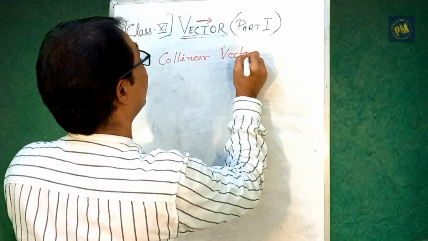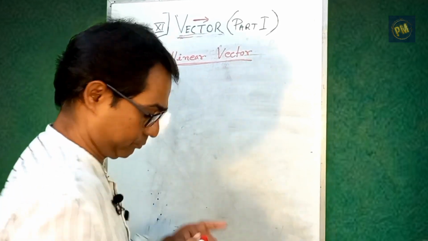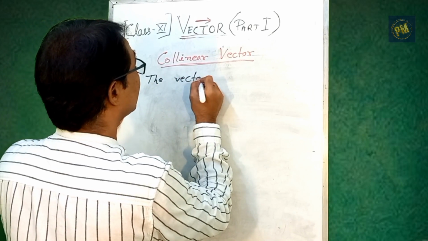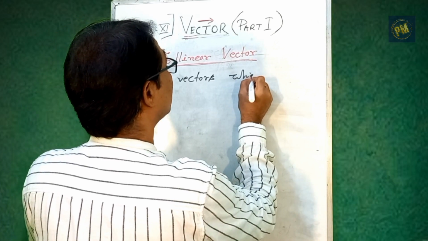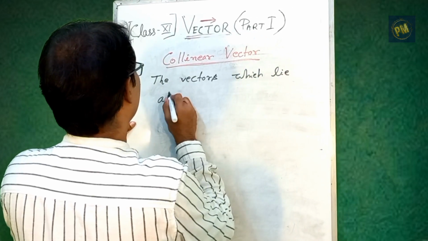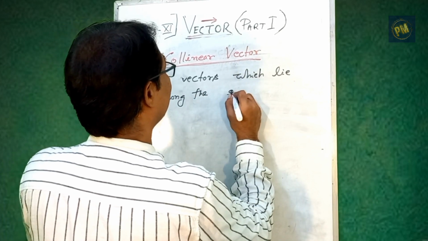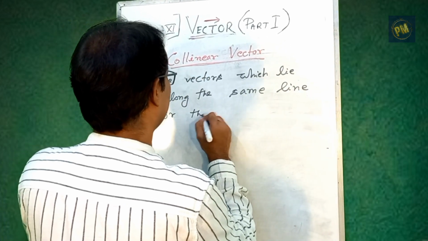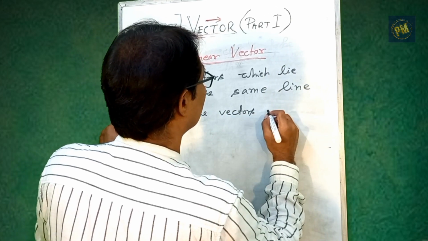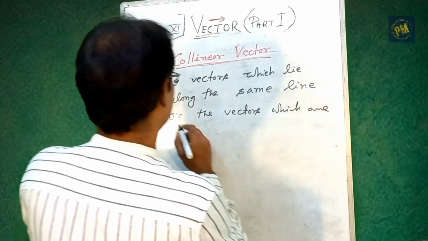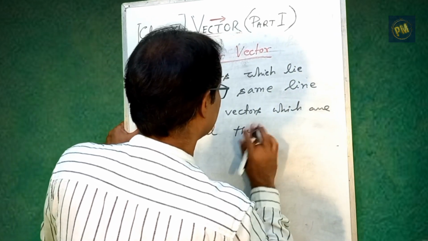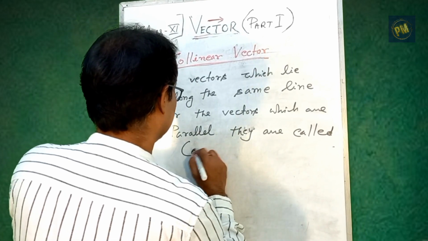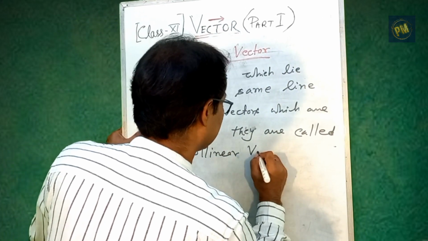Collinear vector. The vectors which lie along the same line, or the vectors which are parallel, are called collinear vectors.